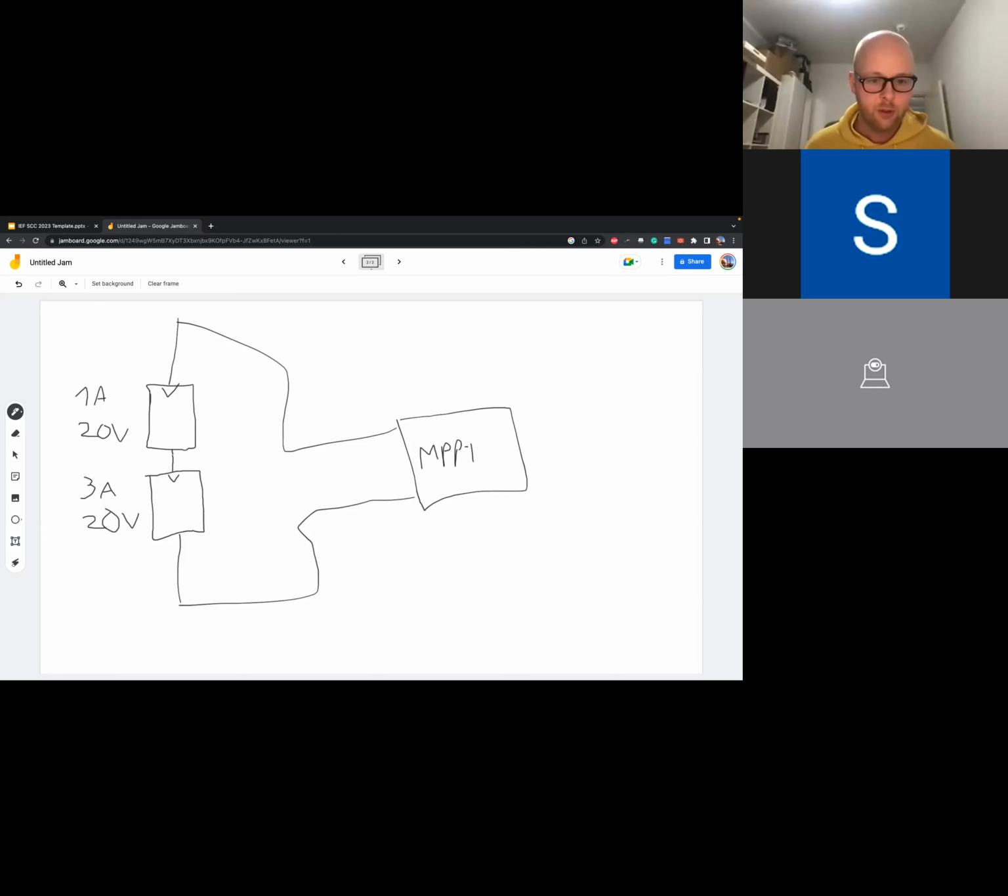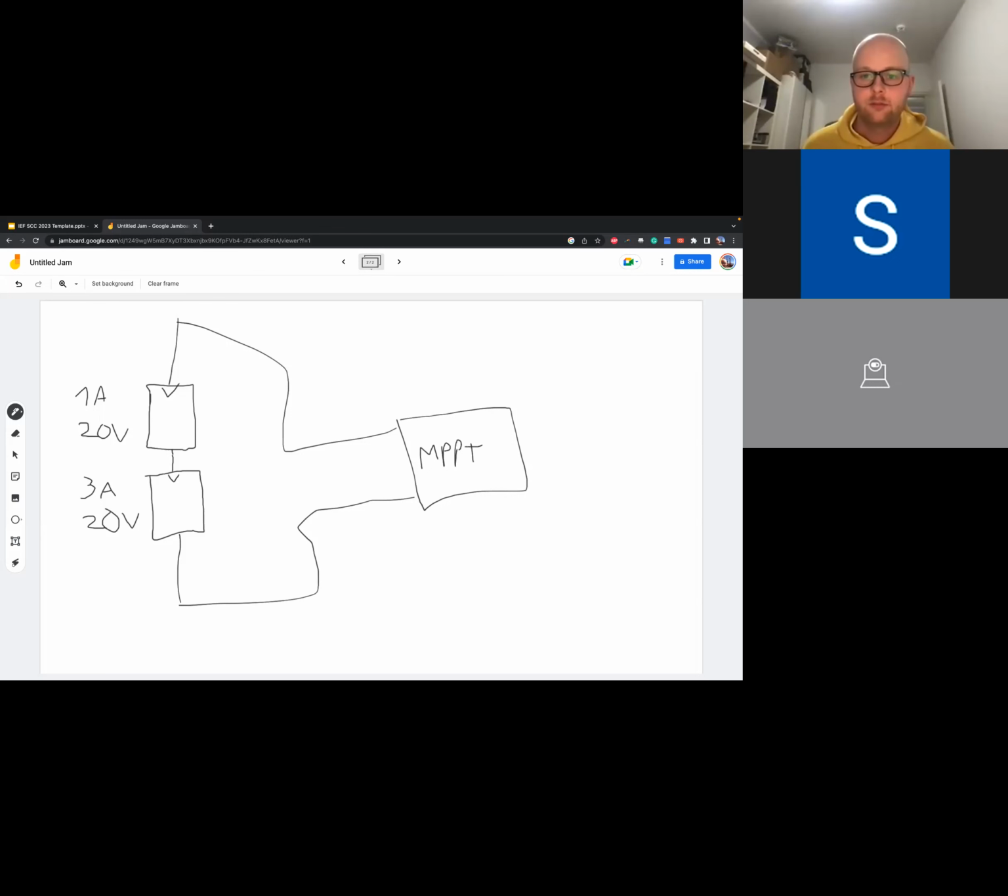So scenario 1 was you short the top one with your bypass diode and you get 60 watts from your bottom one.